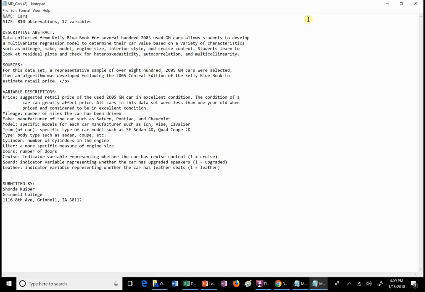Price and mileage, right? So price is in USD. That's quantitative. Mileage in miles. That's quantitative. Anything else we left out? Make, model. That looks good. I think we got them all. Okay. Those are all of our quantitative.